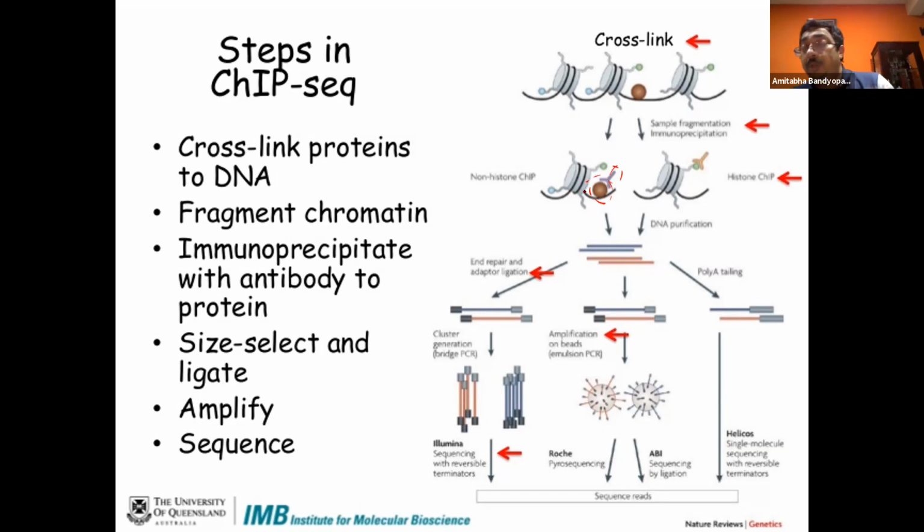And nowadays, particularly with the advent of next generation DNA sequencing, you can very easily get a very large number of such fragments that came down with the transcription factor, and you will be able to know exactly where the transcription factor binds in vivo.